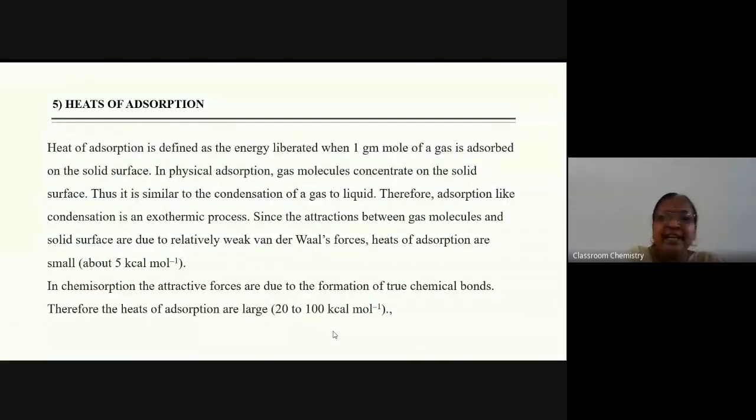When its molecular weight is expressed in gram, it is 1 gram mole. 1 gram mole of CO2 ज्यावेळी ऍडसॉर्ब होईल सॉलिड सरफेस वरती, कन्सिडर एनी सॉलिड सरफेस, that is the charcoal, alumina, silica, or finely divided nickel or platinum. When that much amount of gas is adsorbed on the solid surface, the amount of heat evolved during this adsorption process is known as the heat of adsorption.